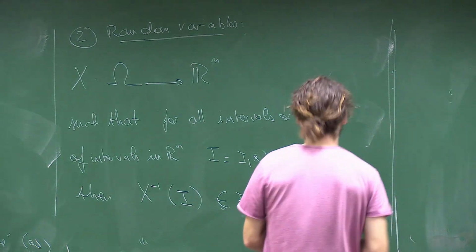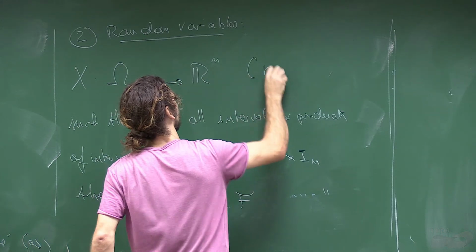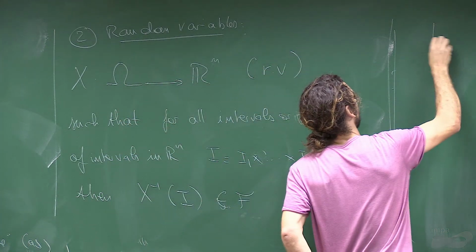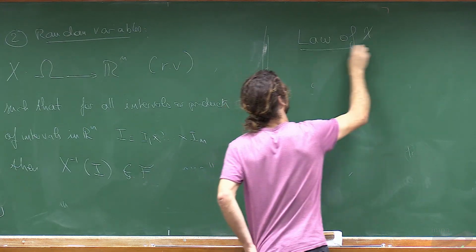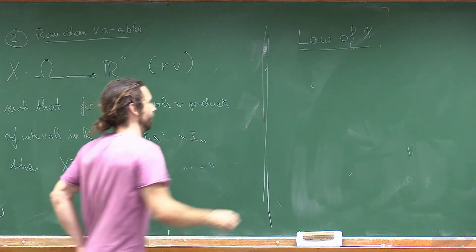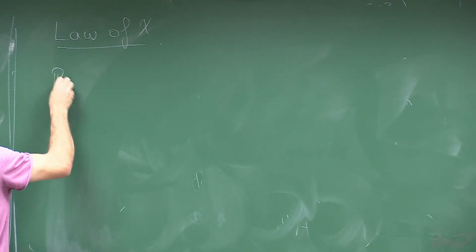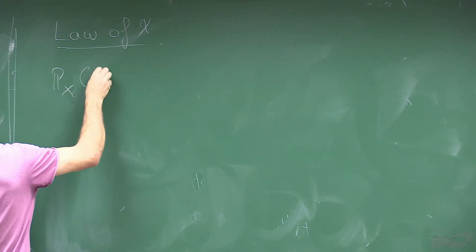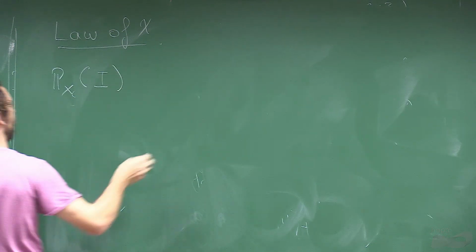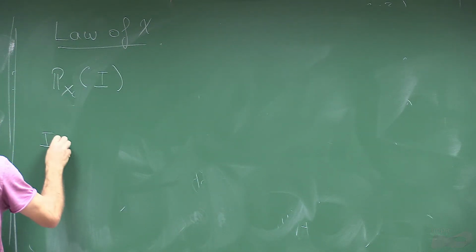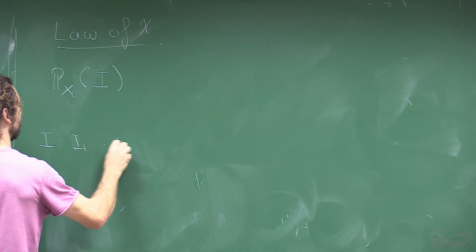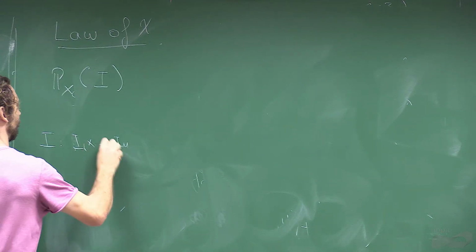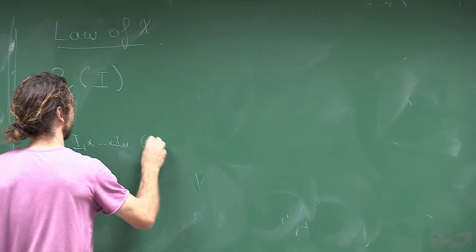So X is a random variable. And the law of X is something that we can write as Px of I, where I is a product, say I1 times ... times In, a product of intervals.